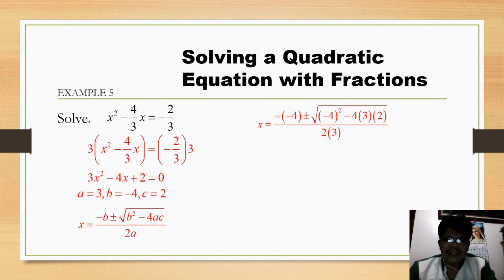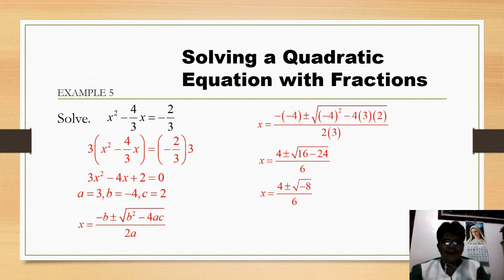Negative 4 times 3, negative 12 times 2, so it becomes now negative 24. Then all over 6. So, it becomes x equals 4 plus and minus the square root of 16 minus 24 all over 6. Simplify. So, it becomes x equals 4 plus and minus the square root of negative 8 all over 6.